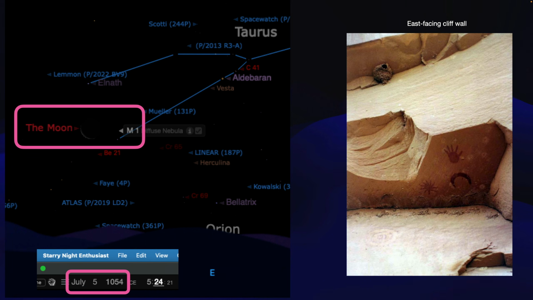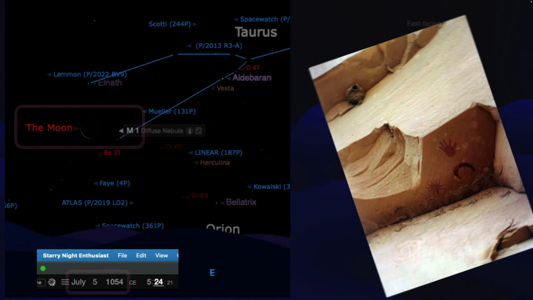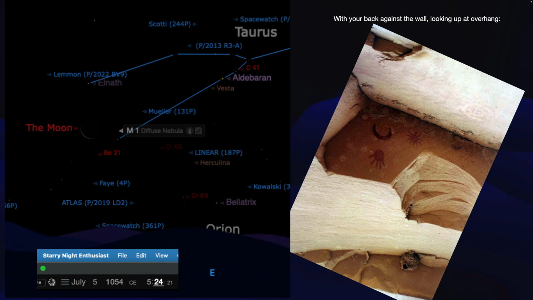But what I did is I went into Starry Night, and I dialed back until I got to July 5th, 1054. And you see that if you're facing east, the crescent moon, very, very small crescent moon, is right next to the location of the nebula in Taurus. So if we were to back up against the cliff and look up, this is the orientation. So we are now facing east, and we're looking up at the overhang.